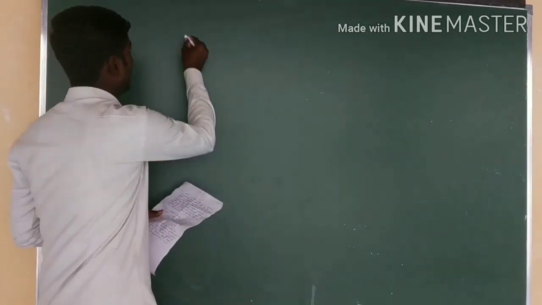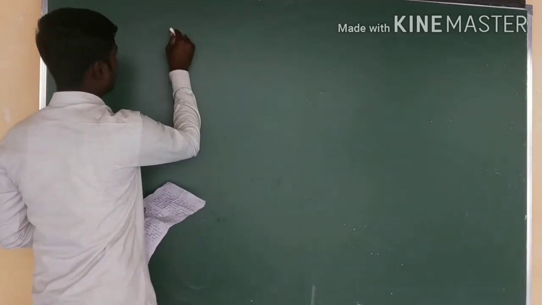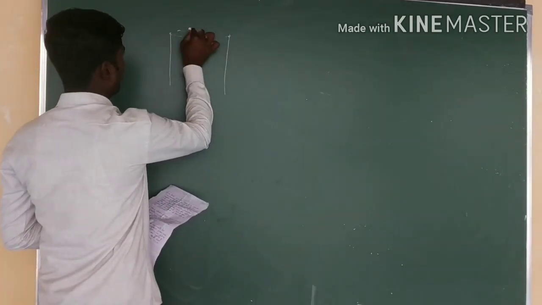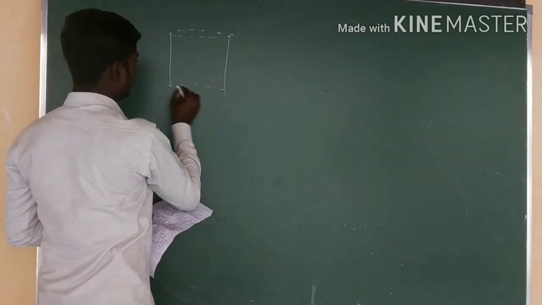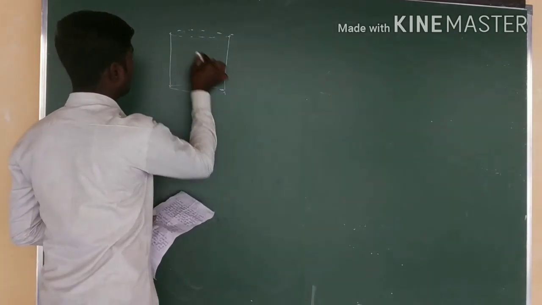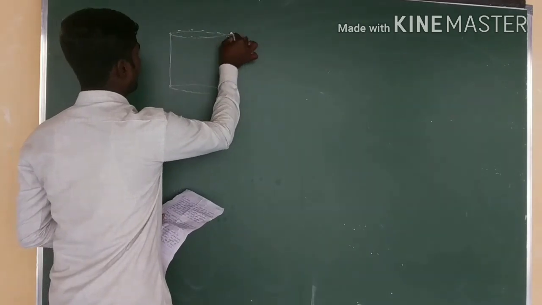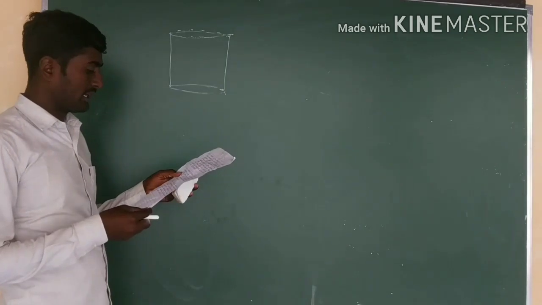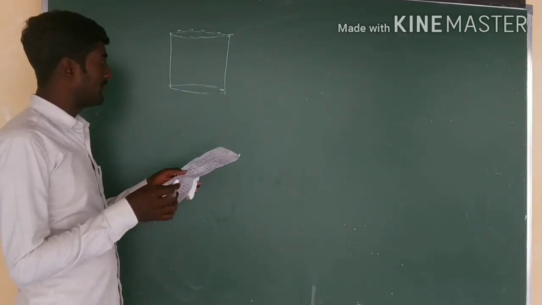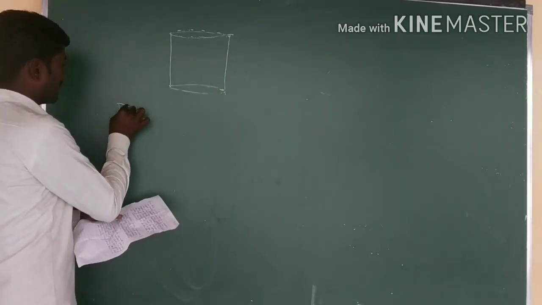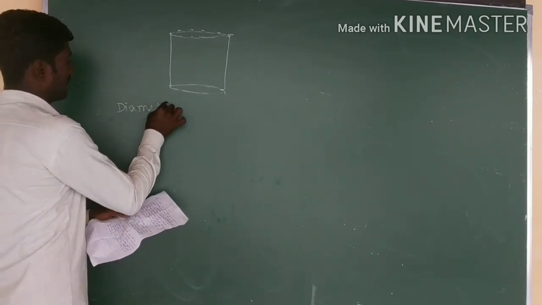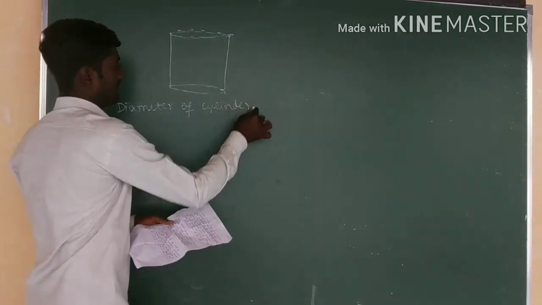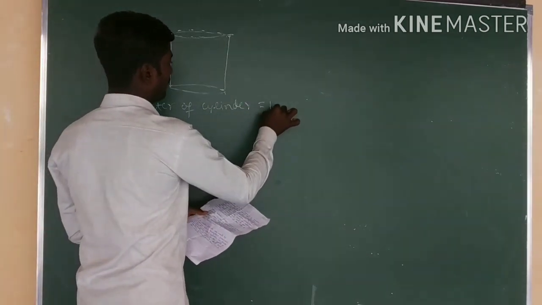So let us draw a cylinder first. Let us take this as a cylinder. It is solid. From this cylinder, we are going to remove a conical cavity. So diameter of cylinder is equal to 1.4 meter.